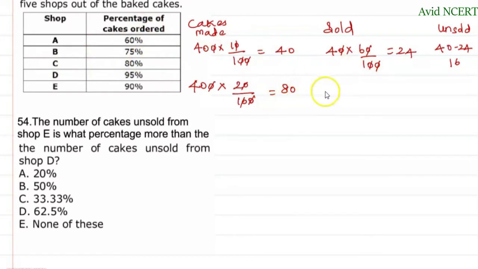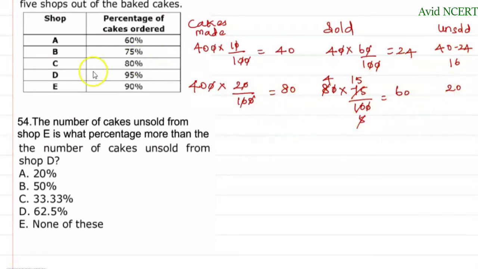So out of these 80 cakes, 75% were sold. You can simplify this by any method, whichever is easy for you. So 2 fours are 8, 2 fives are 10, and 5 fifteens are 75, which equals 15 times 4, that is 60.